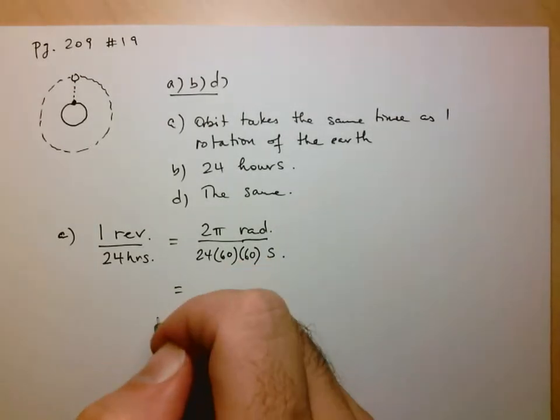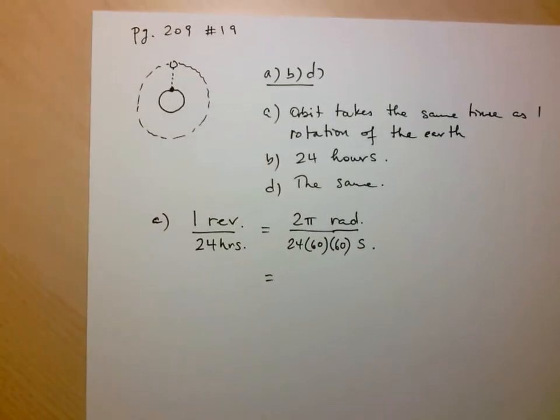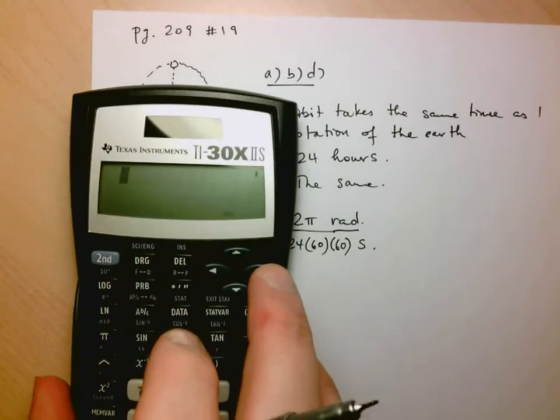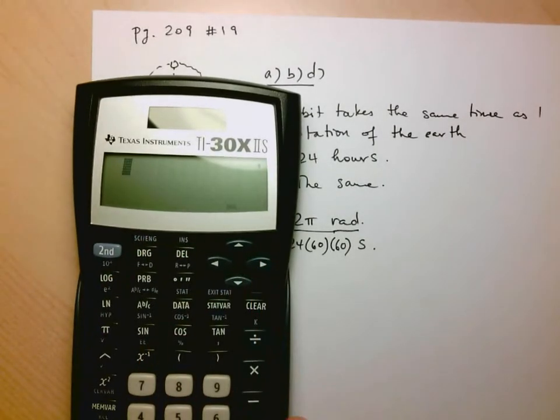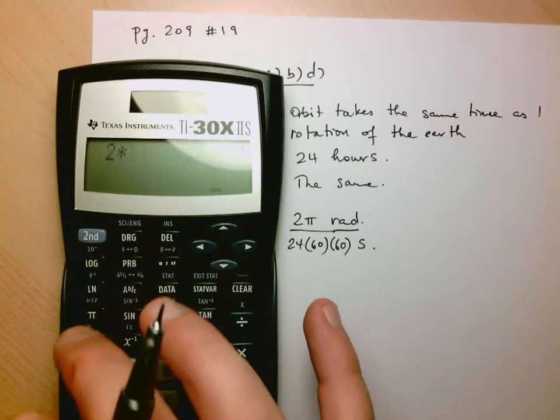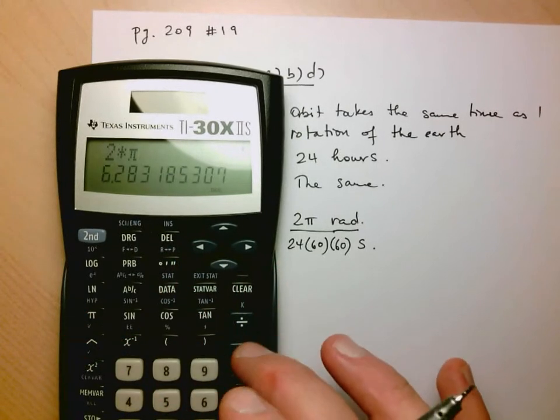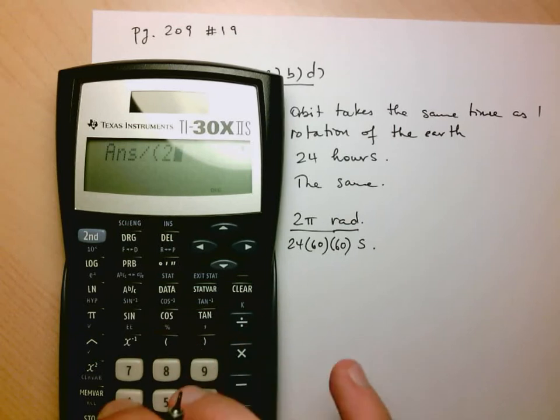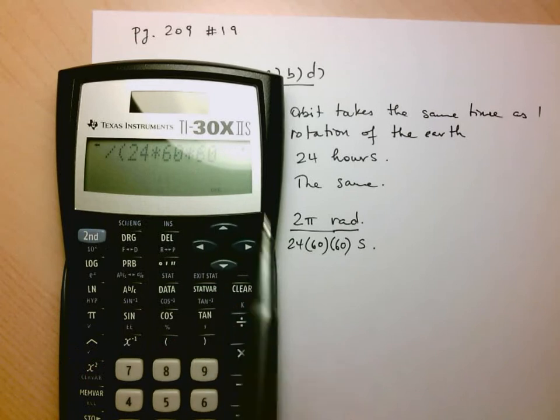Since this is an application problem, we can approximate the answer. So let's see what we have here. We've got 2 times pi, divided by 24 times 60 times 60. Again, please make sure you're using brackets here in the denominator.